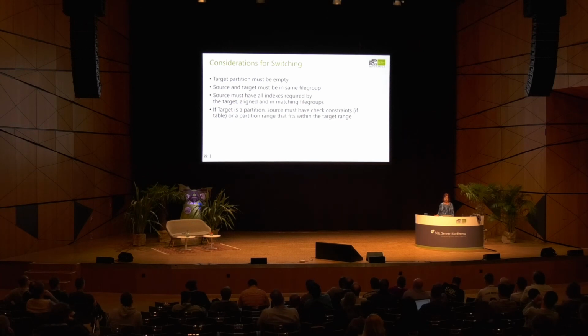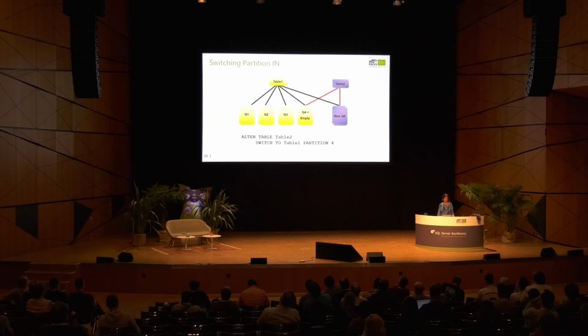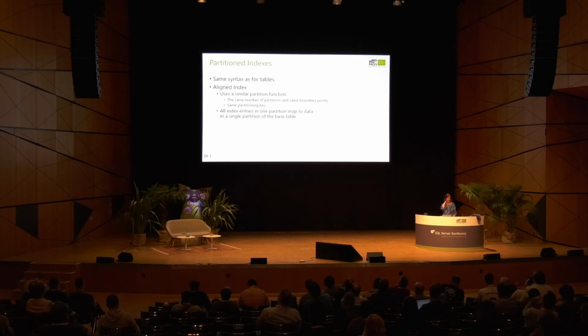The source and the target basically have to have the same indexes defined for them. So they're very, very similar tables. Indexes can be partitioned almost the same way as tables, and we can have a table and its indexes partitioned the same way. We call that an aligned index.